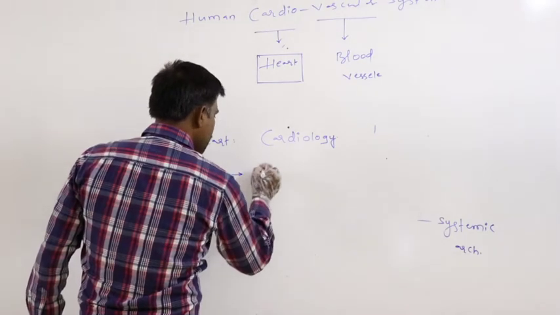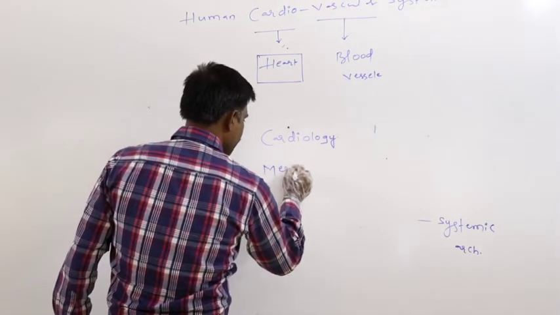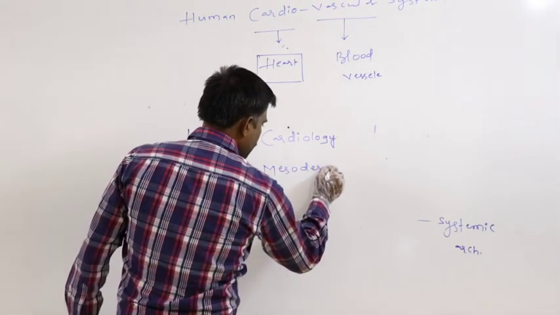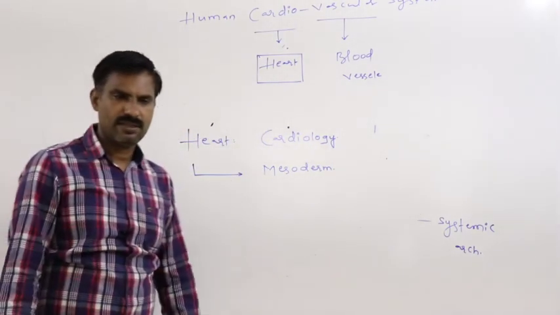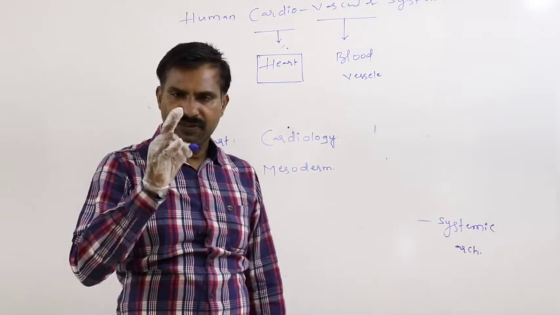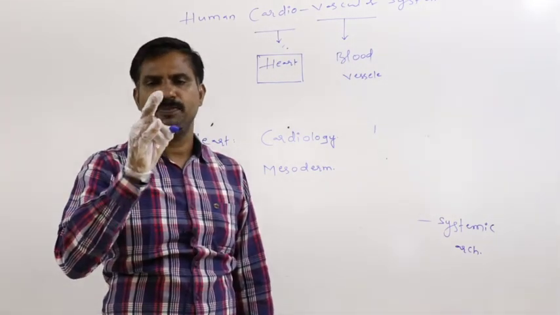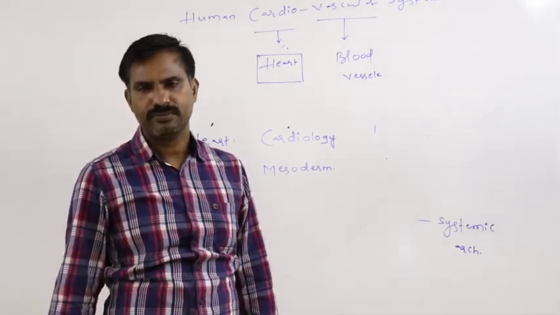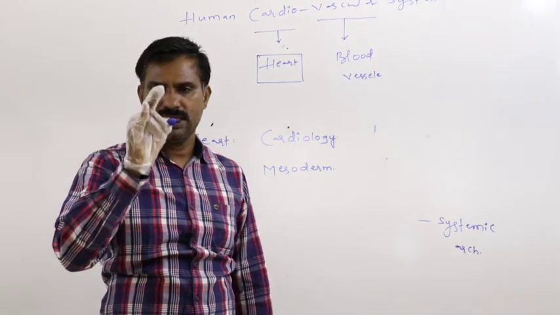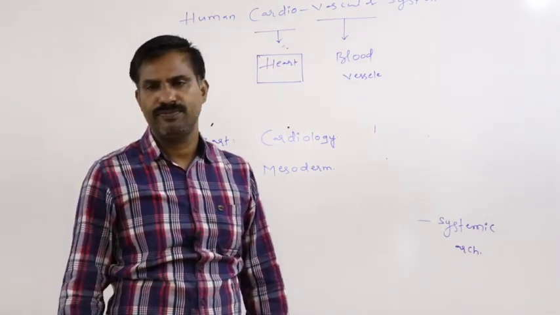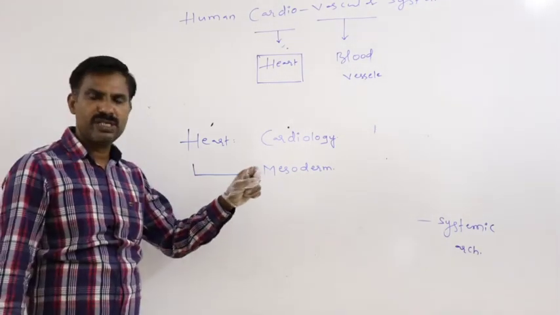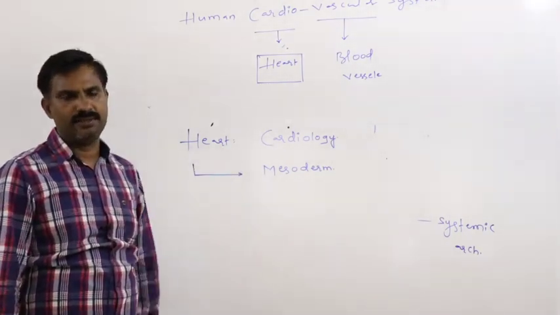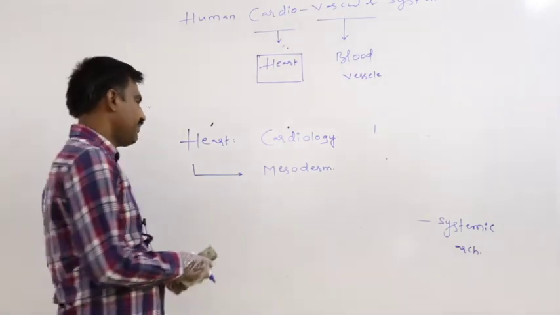This heart originates from the mesoderm because 95% of the heart is made up of cardiac muscle, and cardiac muscle originates from the mesoderm. So the heart is mesodermal in origin.